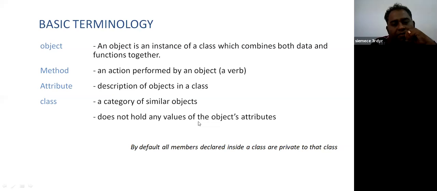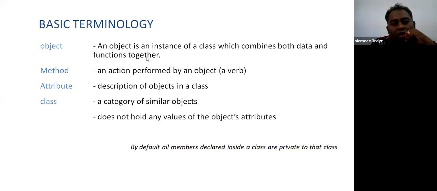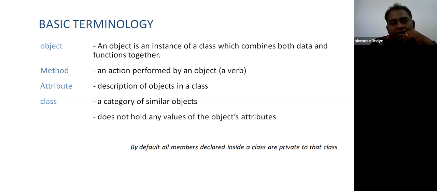Now this class does not hold any values of the object attributes. So class is not storing any values. Class is just defining it. But who is holding? The object is holding. Object one has got some roll number, its name, that is Pranay, and its age and address. But what is a class?